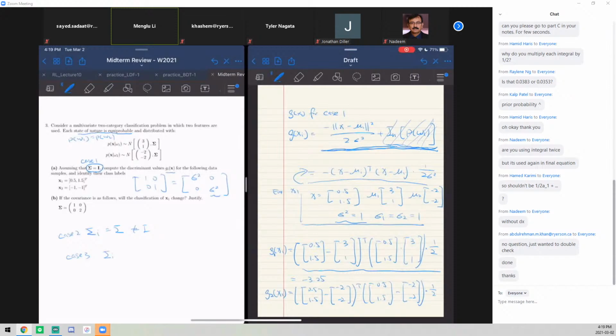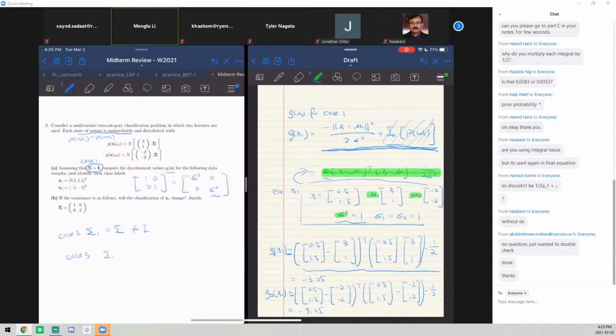And here has a negative sign because in the equation there has a negative sign. So the final answer is -9.25. In here we know the mu and the variance, we just plug the numbers into this equation.